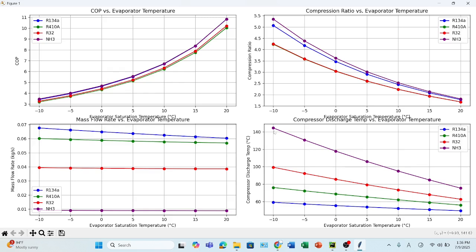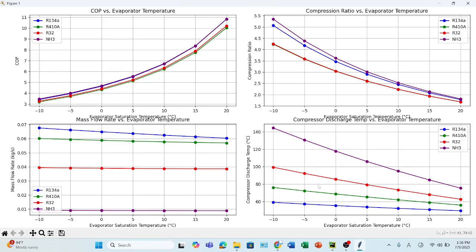The important thing to note is that the highest discharge temperature is for ammonia. The natural refrigerants, or hydrocarbons, have higher discharge temperatures. Ammonia reaches 140 degrees Celsius, the highest temperature, and as the evaporator temperature increases, this discharge temperature is decreasing.